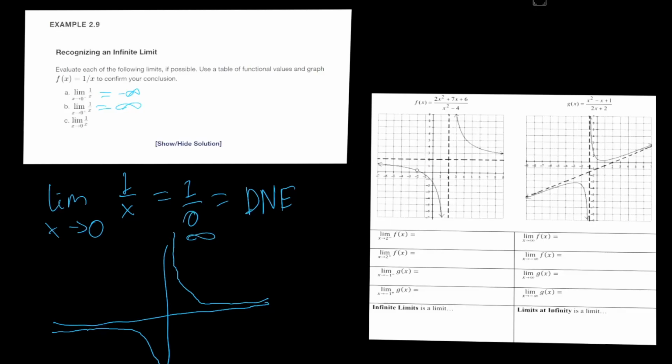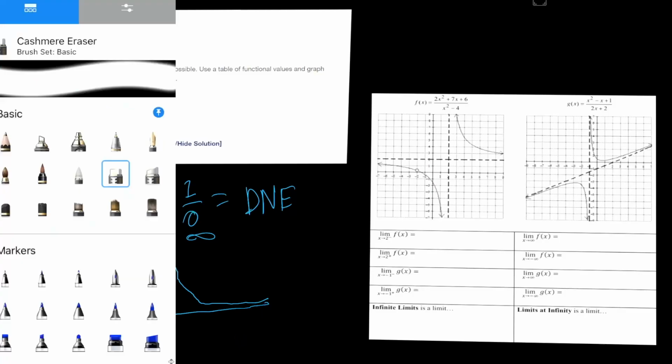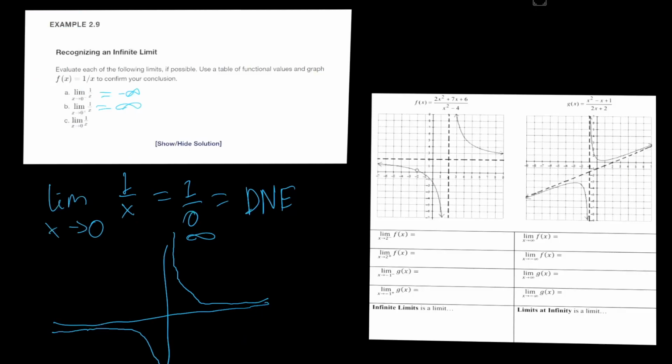There's one rule we have to follow. For the limit as x approaches a of f of x to exist, the limit as x approaches a from the negative direction of f of x should equal the limit as x approaches a from the positive direction of f of x.